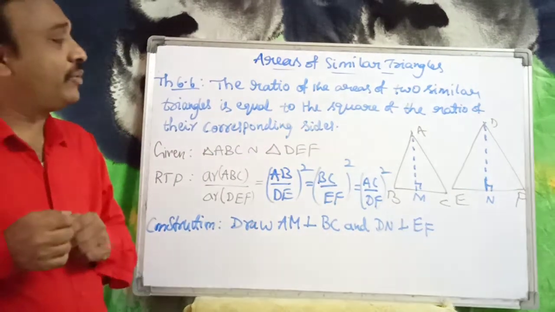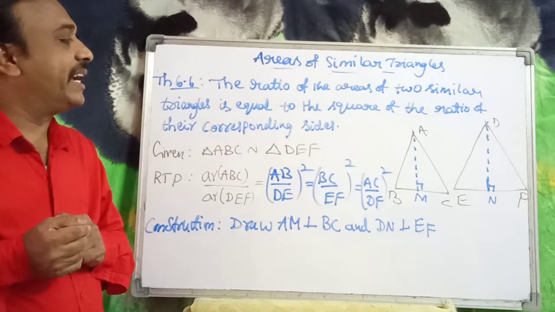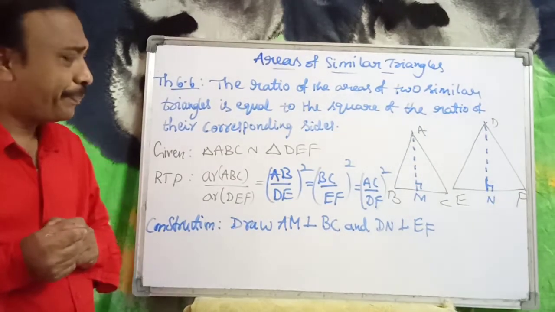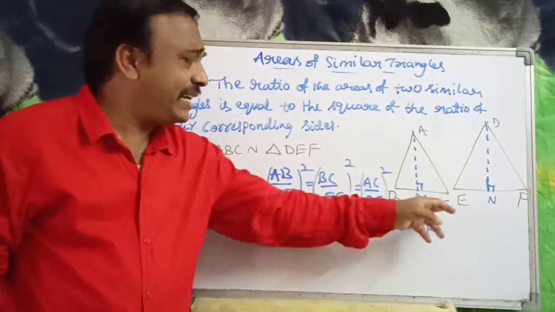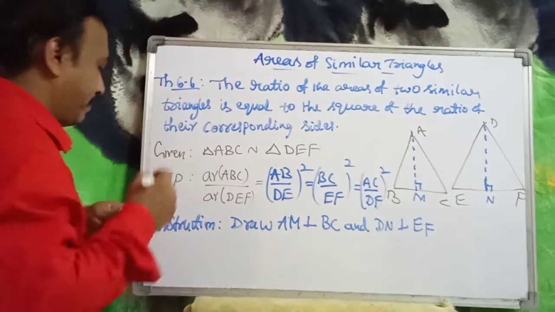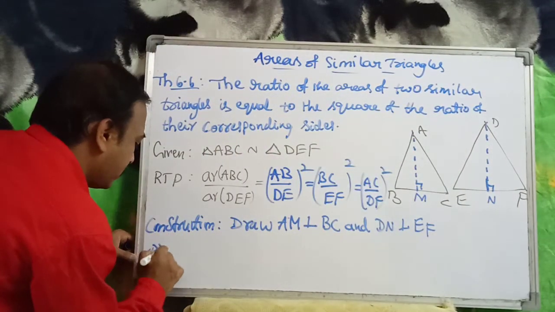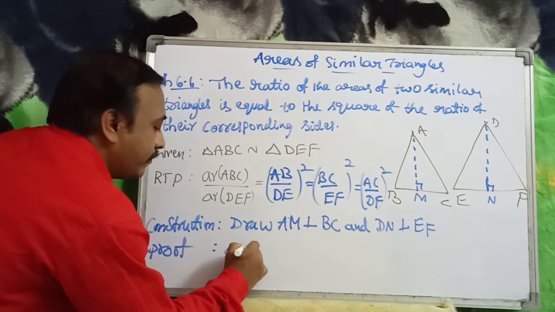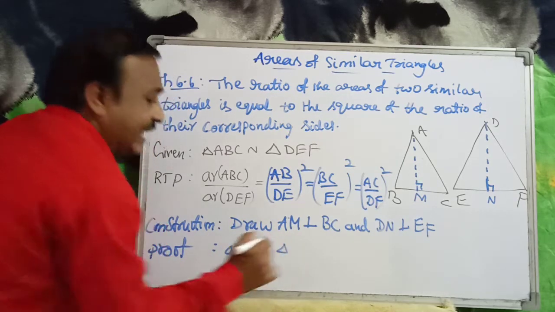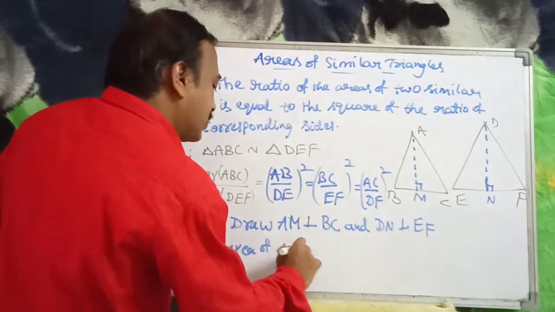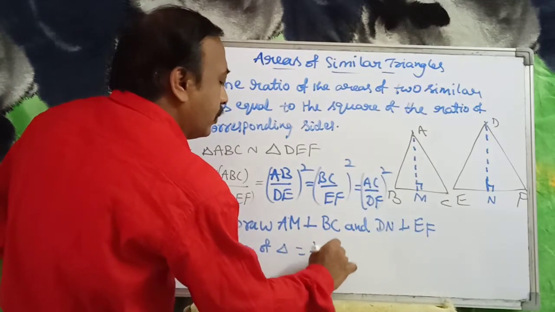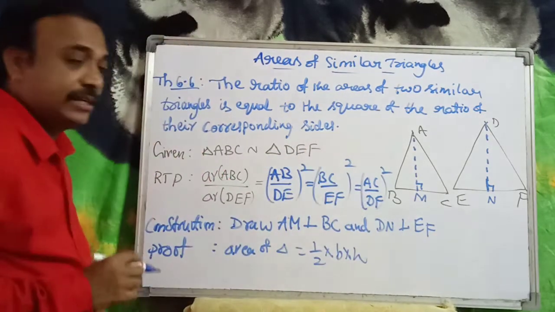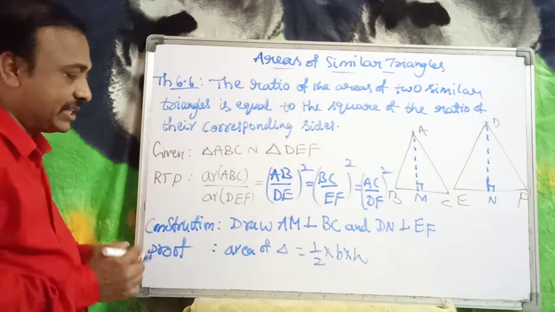So now we can find out the area of triangle ABC and the area of triangle DEF. Proof. Area of any triangle, it can be any triangle, the formula is half into base into height.